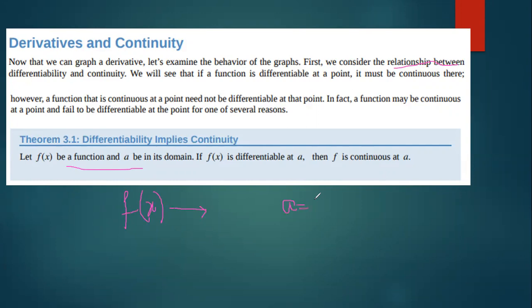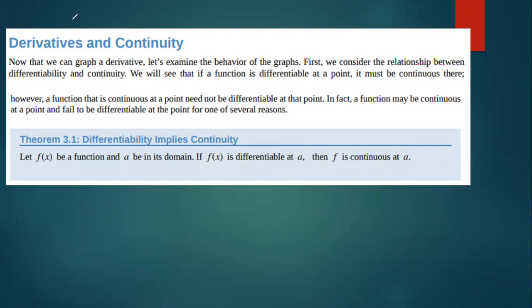A might be 1, 2, 3 or anything. If a is in the domain and there is a value at a, let's say I put x equals 1, so f of 1 equals, say, -5. Then we say that f is continuous at a. So this means continuity of my function.